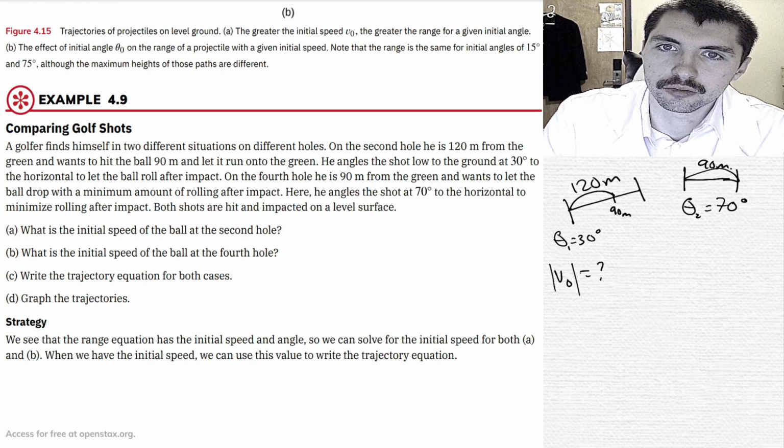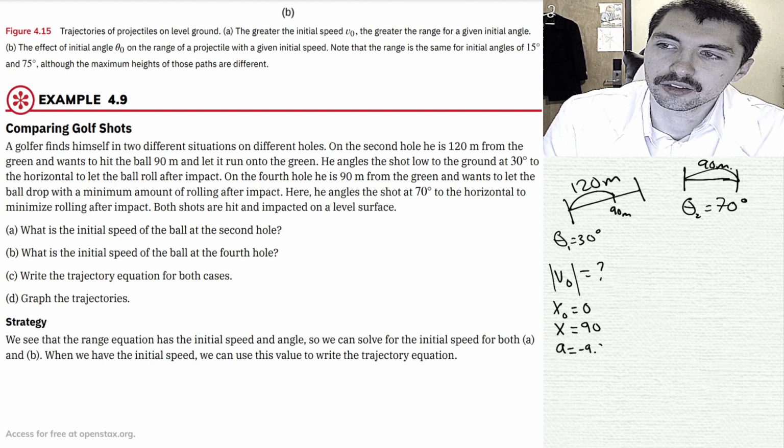Okay, so we know initial is 0, final is 90, A is negative 9.8.